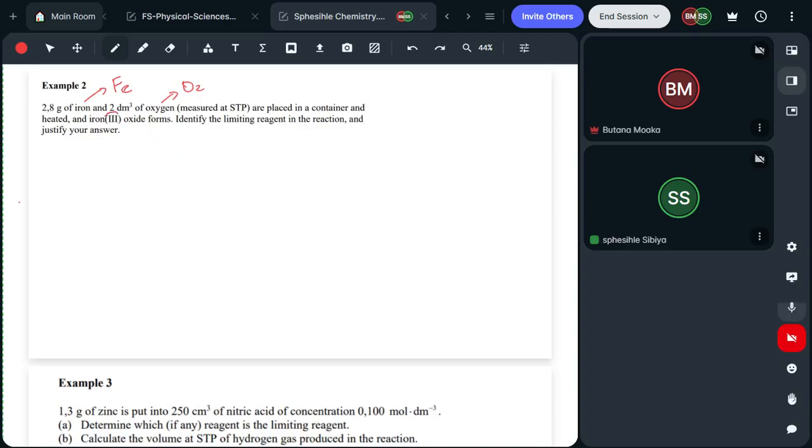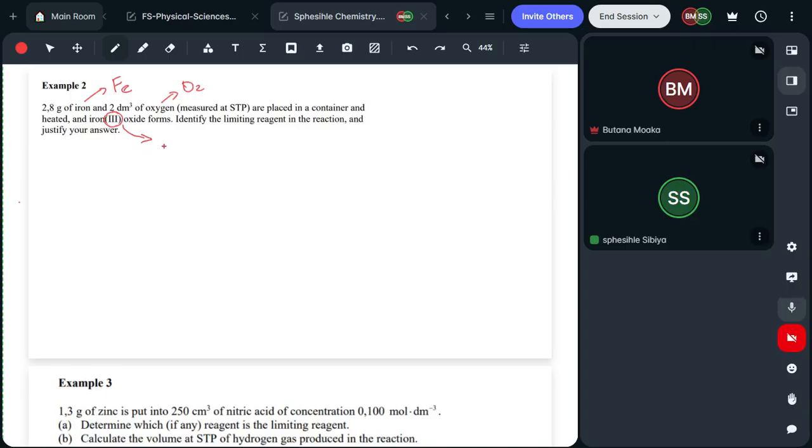Do you know what these 3 lines mean? Not Fe3, but the oxide. I forgot what they call this.